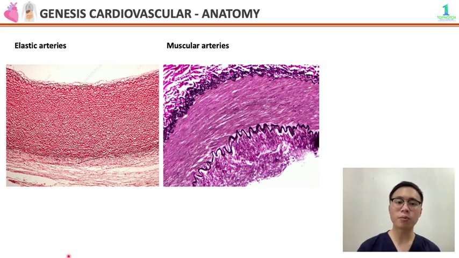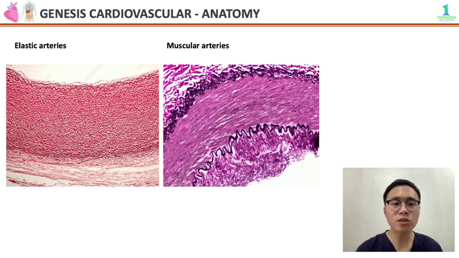So ano ba yung mga key or major differences that you can see? Right off the bat, you can see in the elastic arteries, no, napakakapal ng tunica media niya. And ano yung mga swirly na structures na, yung parang spiral shape na structure. Those are actually elastic fibers. No? And as the name implies, elastic arteries sila. So naturally, napakaraming elastic fiber content.